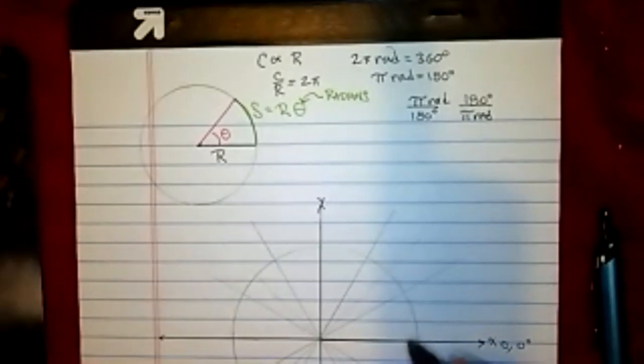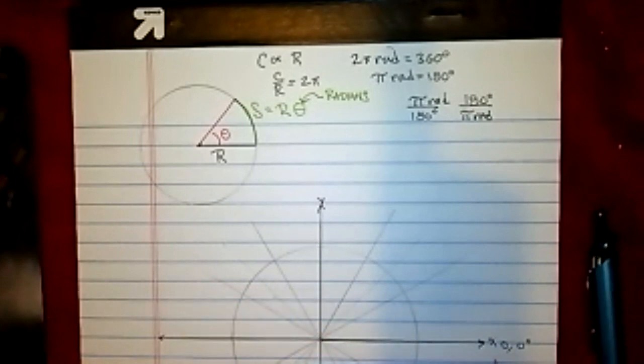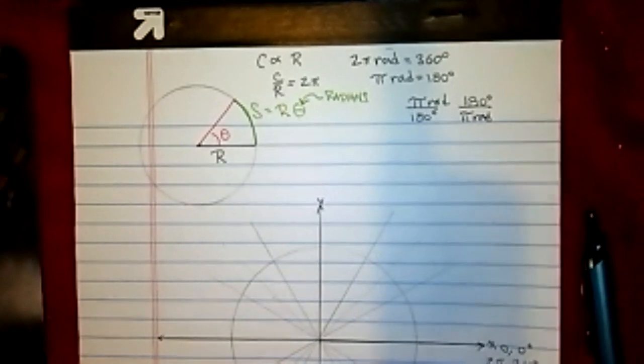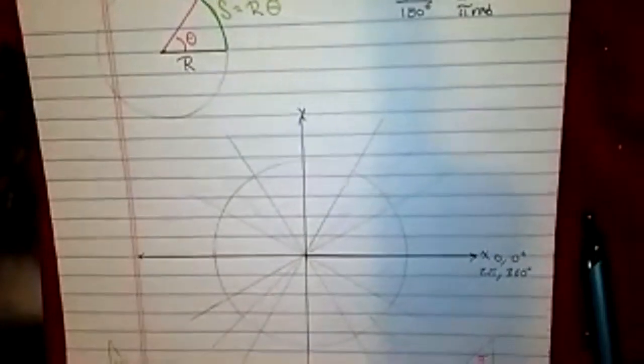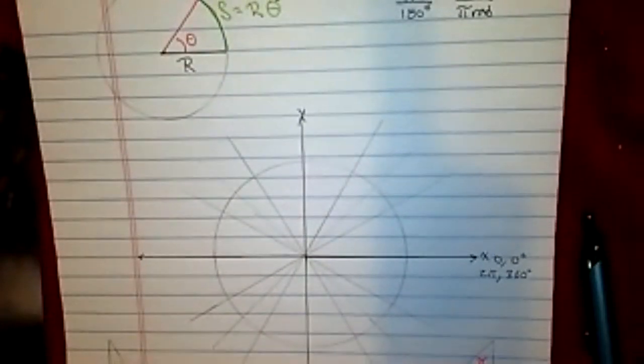But if you go all the way around, I know you lost me there because I'm not showing the whole circle, but if you go all the way around, you know that's right back where we started from. So that's 2 pi radians, but it's also 360 degrees. So this line right here indicates 0 degrees, 0 radians, and 2 pi radians and 360 degrees.